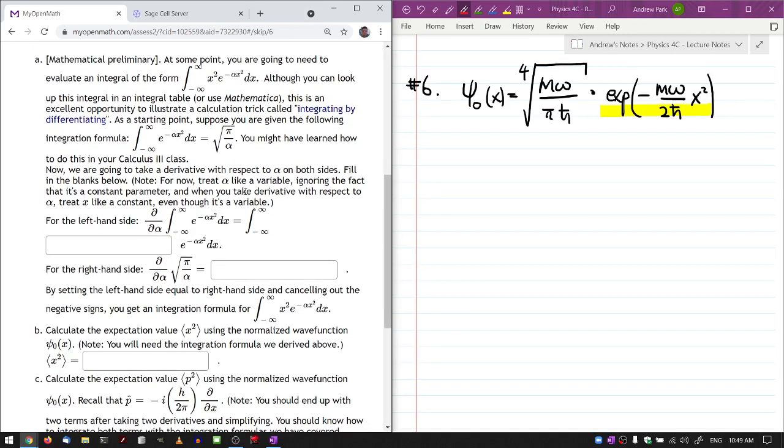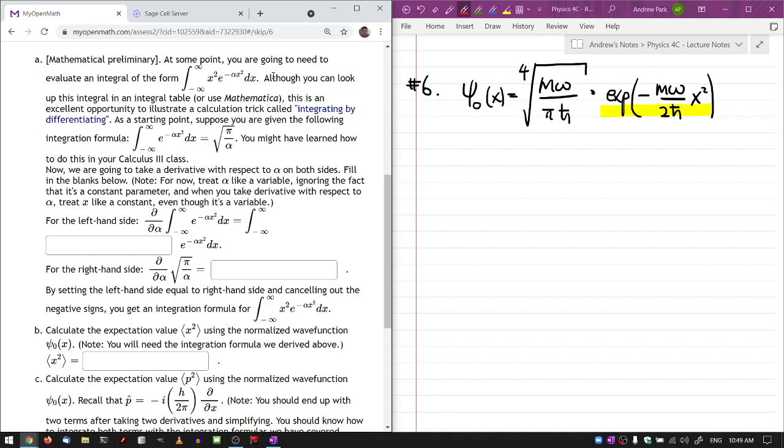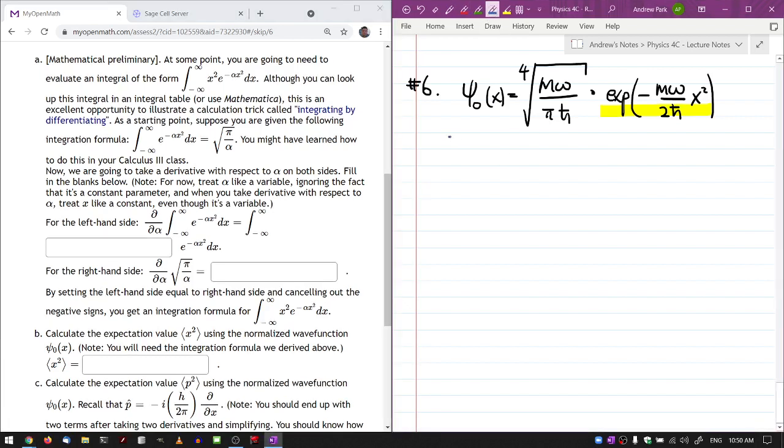All right, mathematical preliminary. At some point I'll need to be able to do this integral, and I could always do it using a computer algebra system, but I want to illustrate a particular mathematical trick that allows you to do this sort of calculation quickly and easily by hand, and that's what part A is walking you through. You do have to start out with some foreknowledge of this particular integral, which is actually not easy to do, the integral of e to the minus alpha x squared dx.